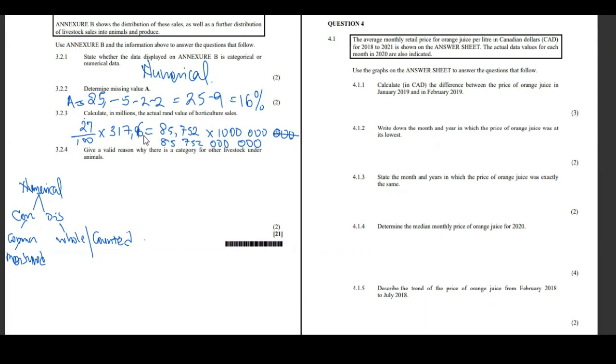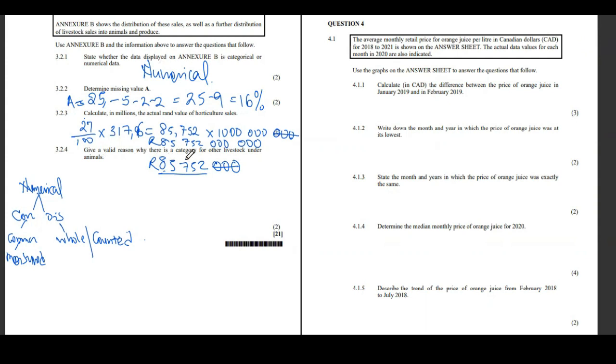So this is the answer that we have. In millions, we shall remain with this, which is in millions.